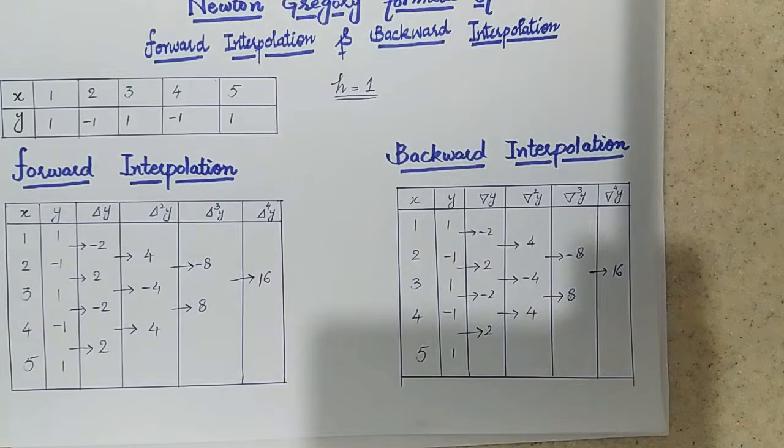The forward interpolation difference table and the backward interpolation difference table are always the same. The only difference comes with the choice of the y naught value.